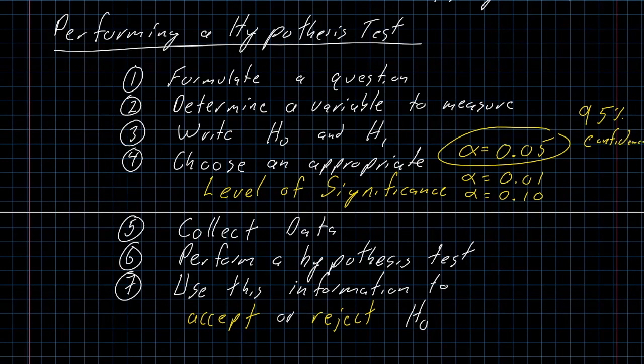If you use alpha equals 0.05, that means you have 95% confidence in your result. If you choose alpha is 0.01, you have 99% confidence. And yes, this is all going to tie into the discussion we already had on confidence intervals.